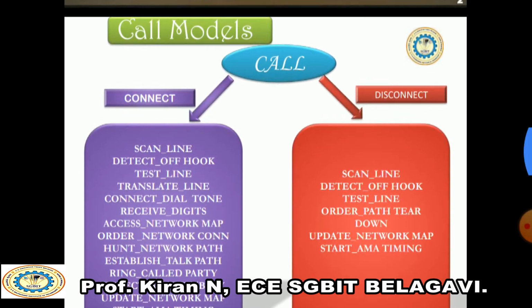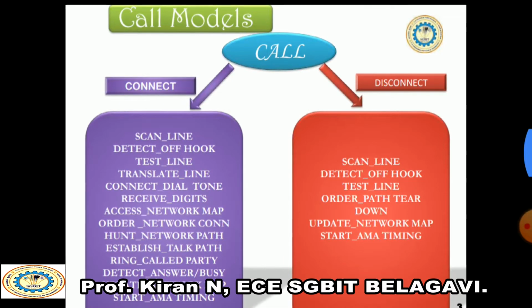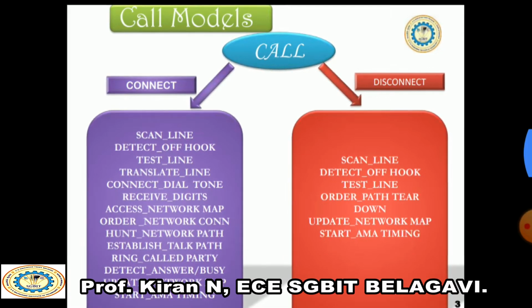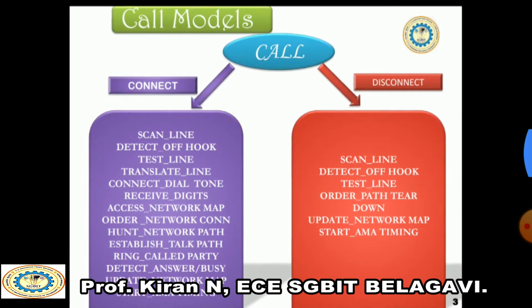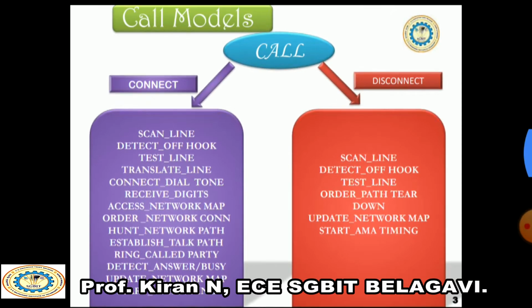Then once we detect that the subscriber is off hook, we send dial tones, then by receiving the digits, we are able to connect the other subscriber by having a proper network path connection and establishing a talk path.